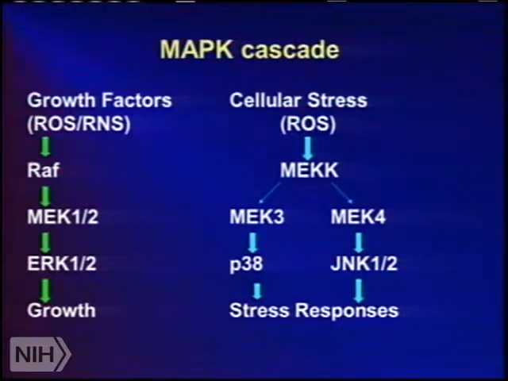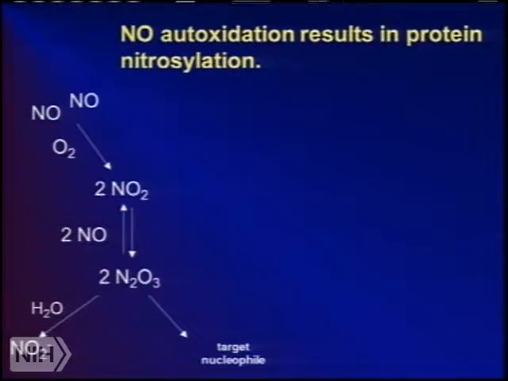And also JNK can get activated, leading to various stress responses. So now we're going to take a look at what's going on in the cancer cells, because cancer cells don't work just by increasing reactive nitrogen species or reactive oxygen species. There's both species present in the cells at any one time.